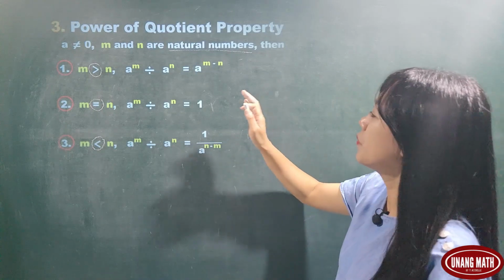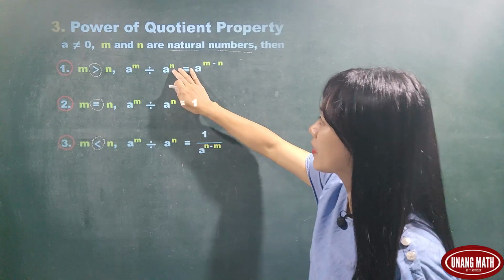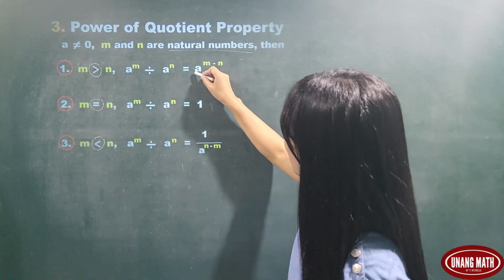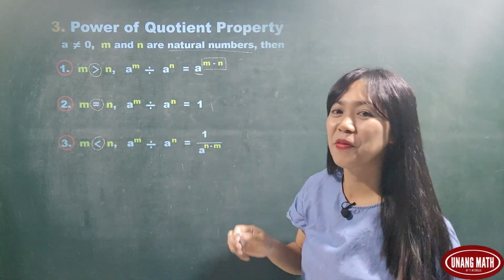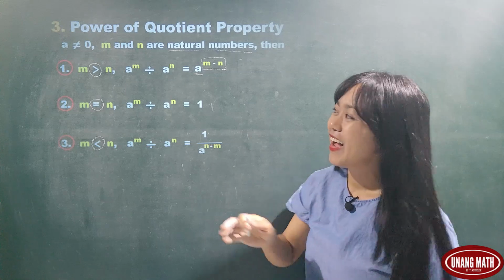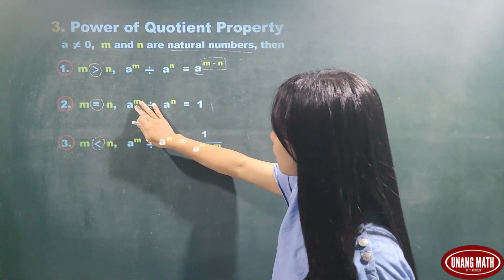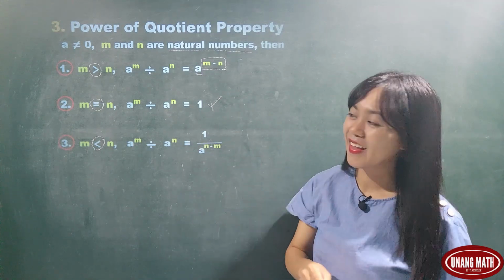Okay, what will we do if the exponent of the dividend is larger than the exponent of the divisor? The rule is we will just copy the base, then subtract the exponents. How about if the exponents are equal? If the exponents are equal, then this is equal to 1.